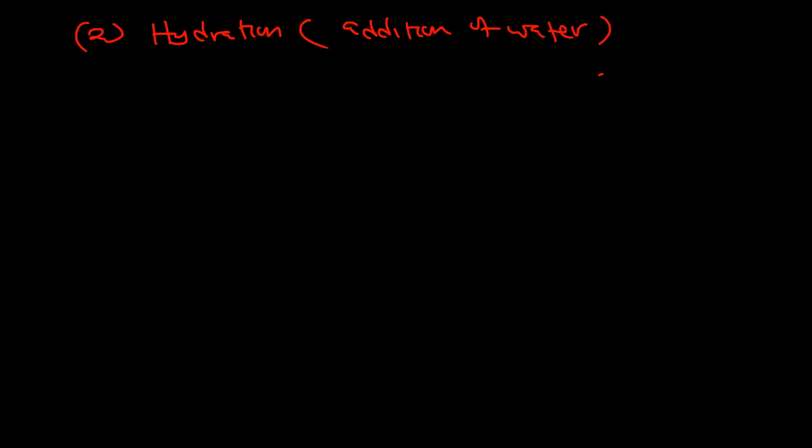Then the other addition reaction is called hydration. Hydration is just the addition of water, resulting in the formation of alcohol. So alkenes can undergo addition reaction of water to form alcohol.